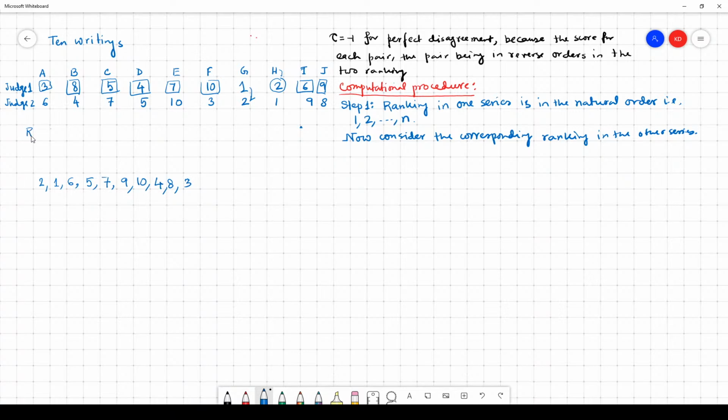Rearrange the ranks given by judge 2 according to the ranks given by judge 1.